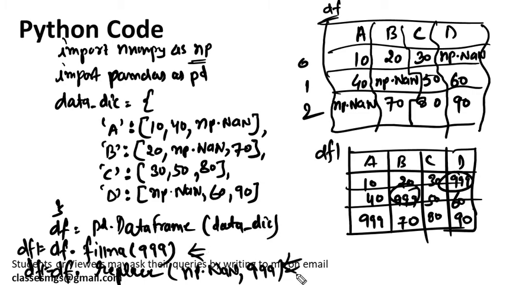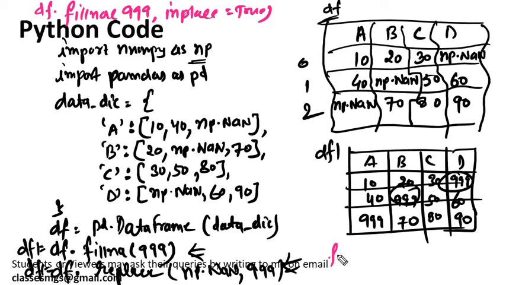Remember this. And if you want to change this data frame directly, then you will use df.fillna, pass 999 and inplace equals True. With inplace equals True, it will replace the values in the original data frame itself.